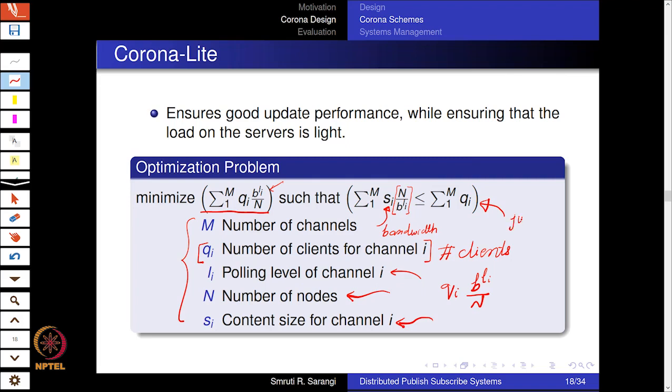If we didn't have this, then in the quest of minimizing the update time, the bandwidth requirement from all the servers would be more than what a non-Corona system would require, which would not make any sense at all. So given this common sense constraint, we try to minimize the update time.